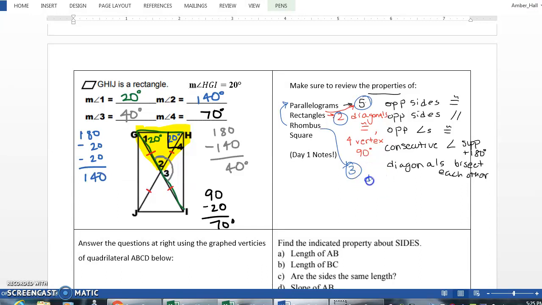We know that the diagonals are perpendicular. The diagonals bisect the angles. And lastly, rhombuses have 4 congruent sides. And then squares have all 10 of those.